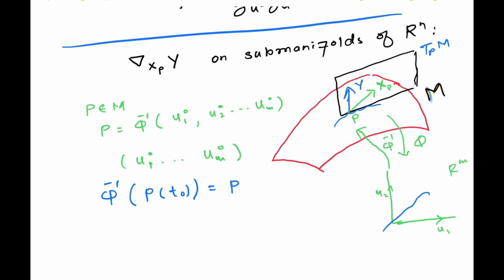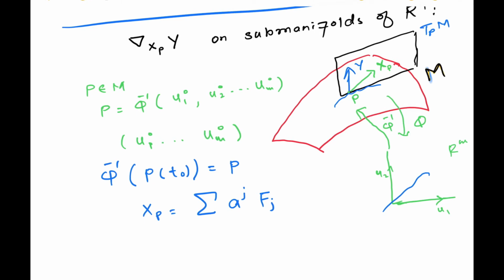Now this vector X_p can be represented in this manner: summation a_j f_j, where the f_j's are the basis vectors of the tangent space. And these a_j are constants because this is a single vector, so it will be constant at this point.